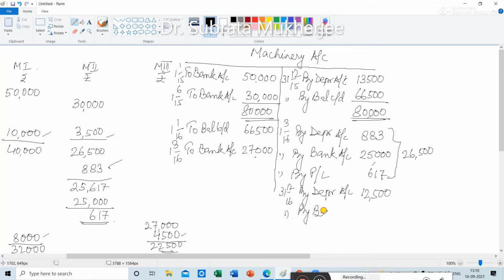By balance c/d will be the written down value of M1 and M3. So this will be 54,500. You can see in the working, 32,000 plus 22,500 is the written down value of M1 and M3. So both side totals will be 93,500.